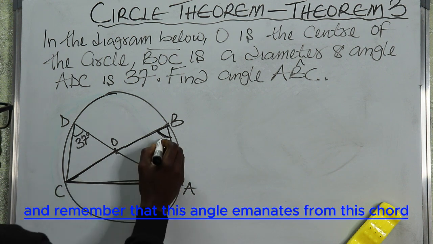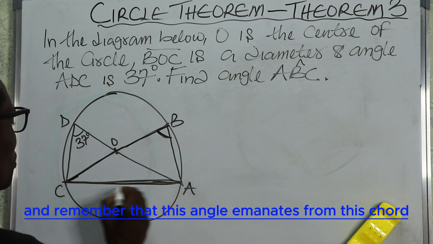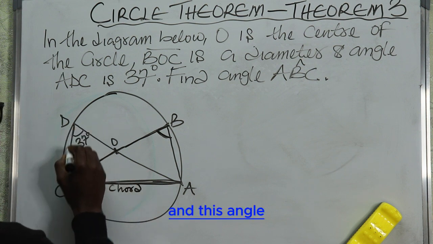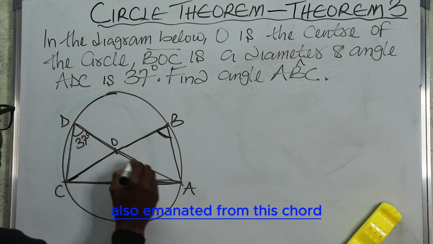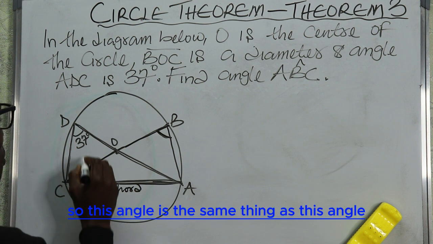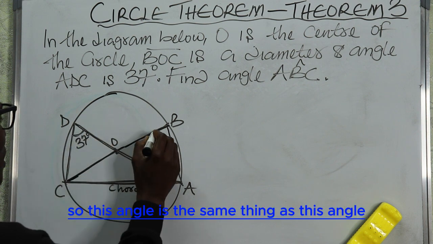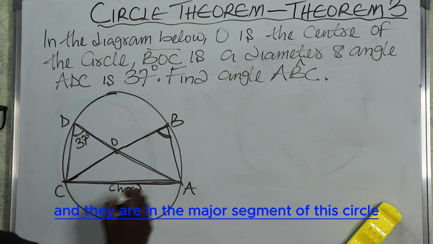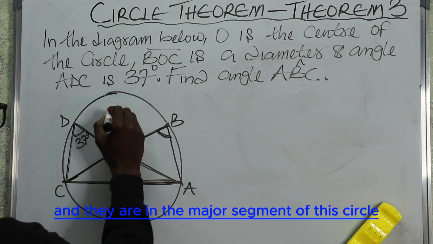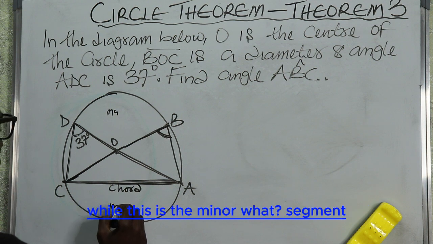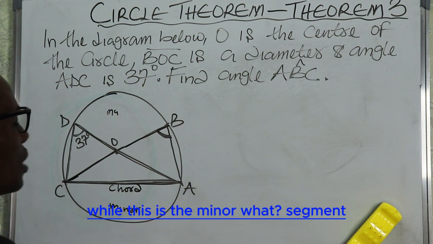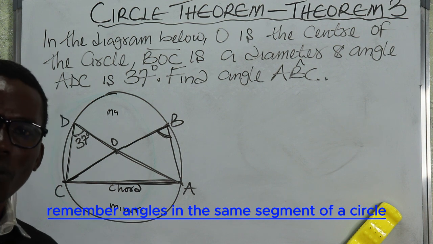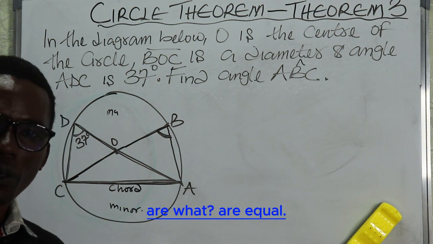And remember that this angle emanates from this chord, and this angle also emanated from this chord. So this angle is the same thing as this angle because they are from the same chord and they are in the major segment of this circle. This is the minor segment. Remember, angles in the same segment of a circle are equal.